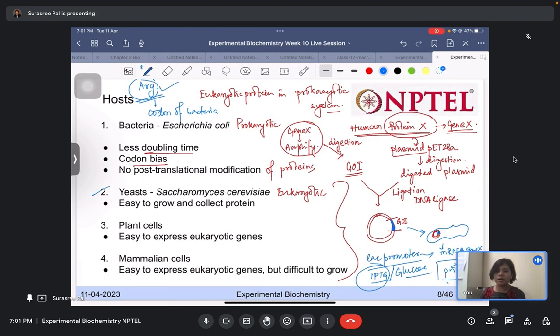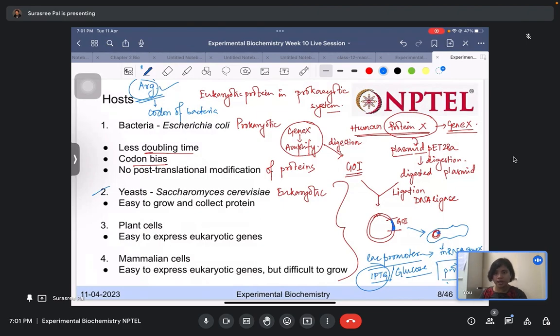So there are several plasmids which can be grown in Saccharomyces cerevisiae, and our gene of interest can be cloned in such plasmids and grown in yeast. And the other eukaryotic systems, like the plant cells and the mammalian cells, they can easily express the eukaryotic genes.